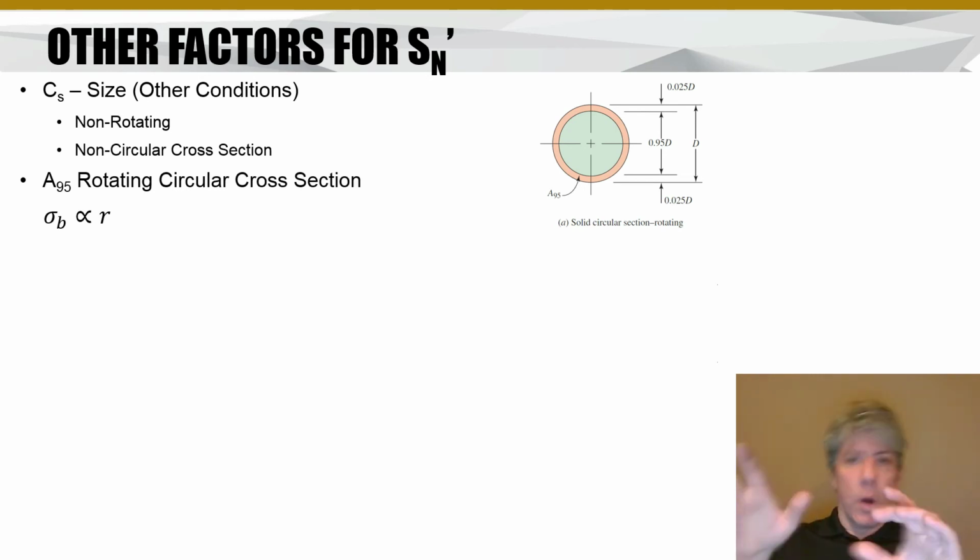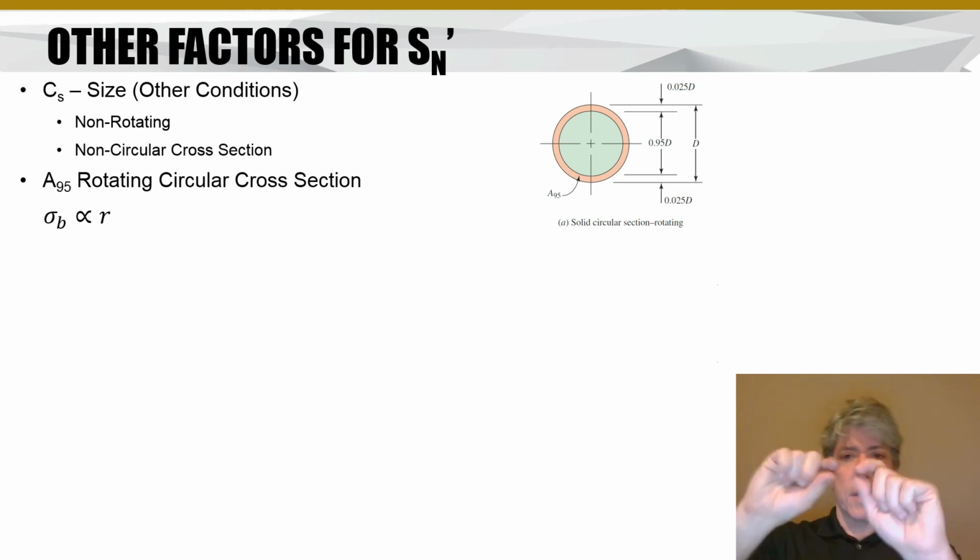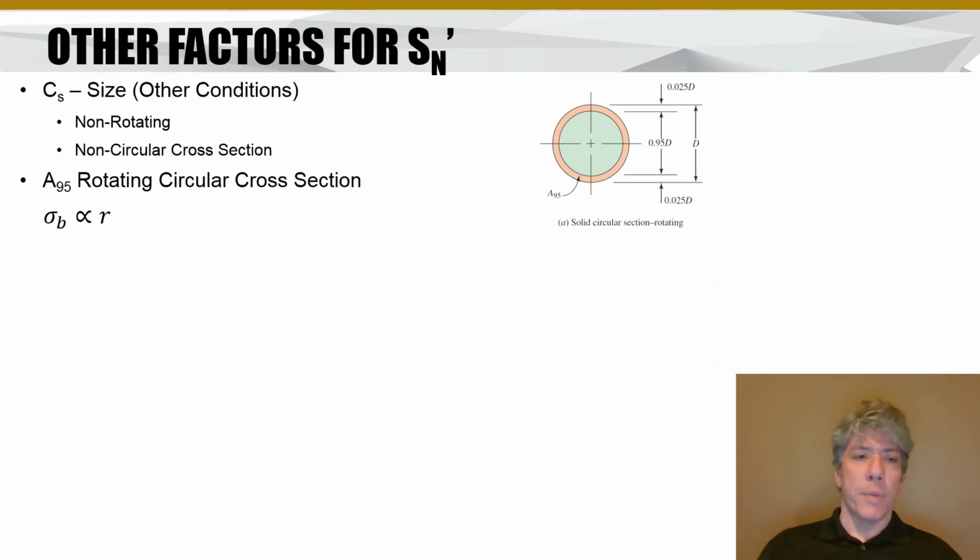But since the whole shaft rotates, the whole outside experiences that maximum stress. So the magnitude of the bending stress is just proportional to the radial distance from the center. You know that because you could calculate the bending stress as Mr over I, where r eventually becomes c, the outer radius, and that's the maximum stress.